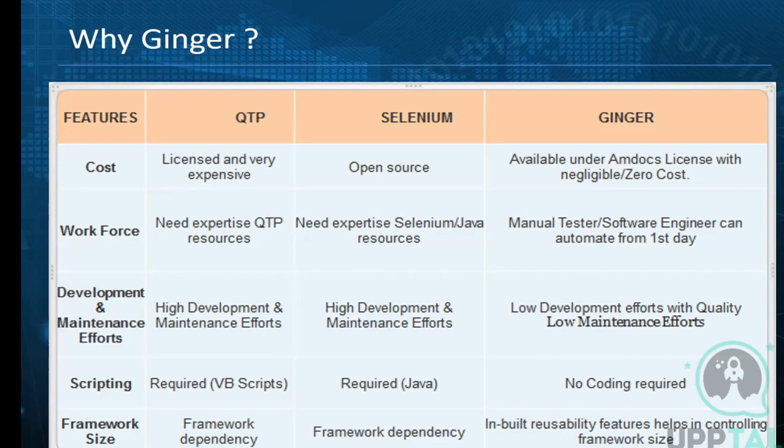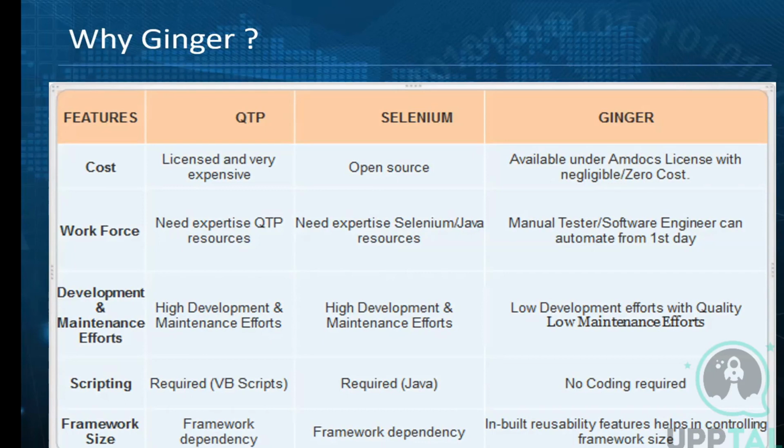Okay. So first, in terms of cost, you can see QTP is a licensed tool and very expensive. Let's suppose you have a team of 5, so you need to buy a corporate license or an individual license for all 5 persons.